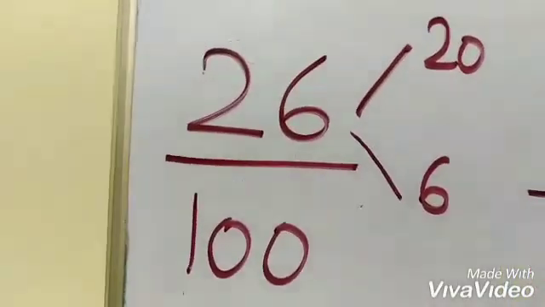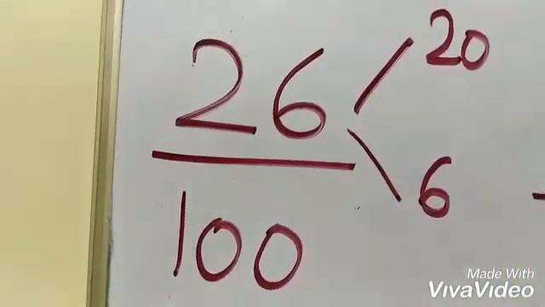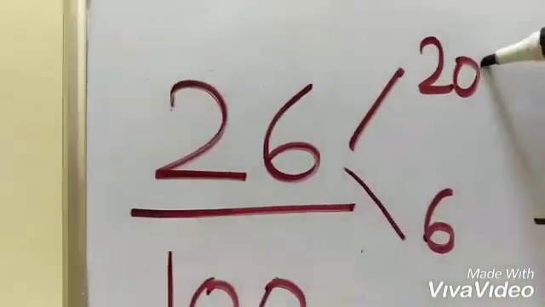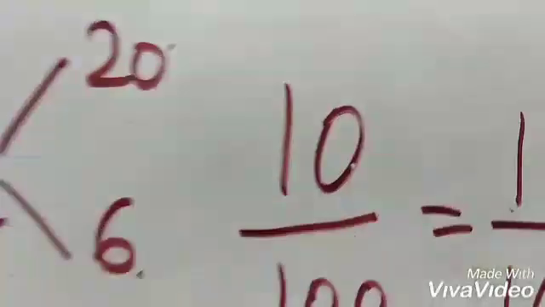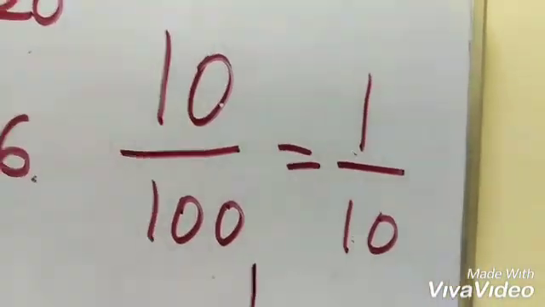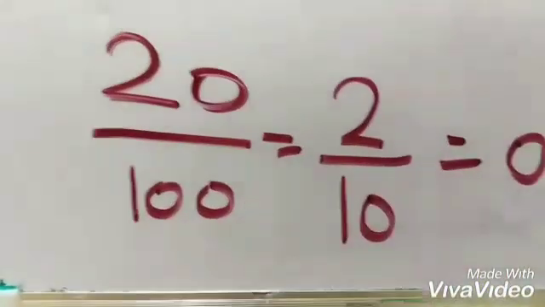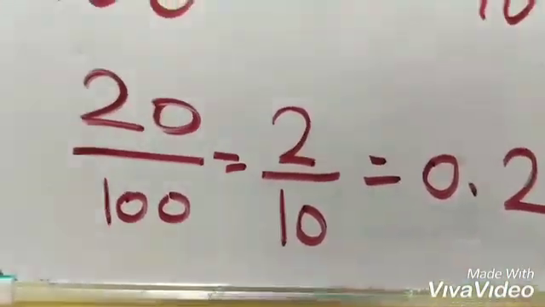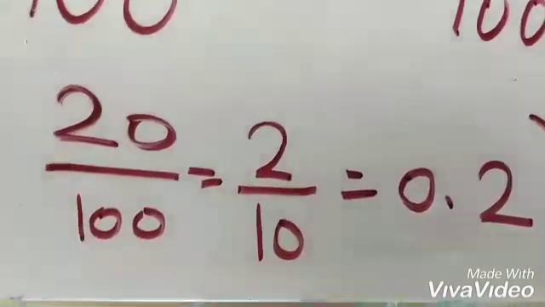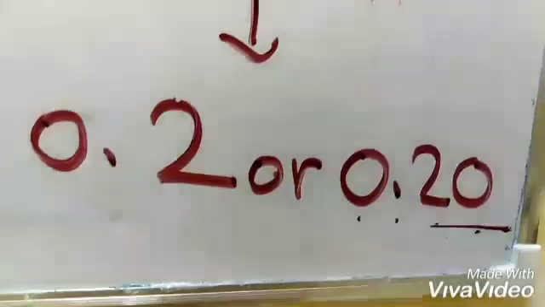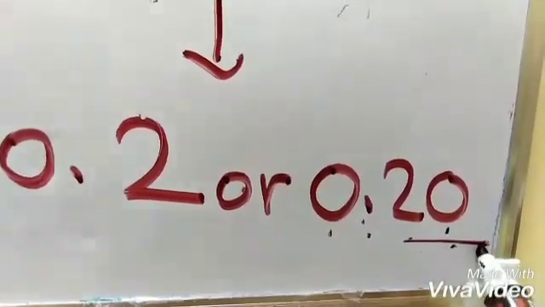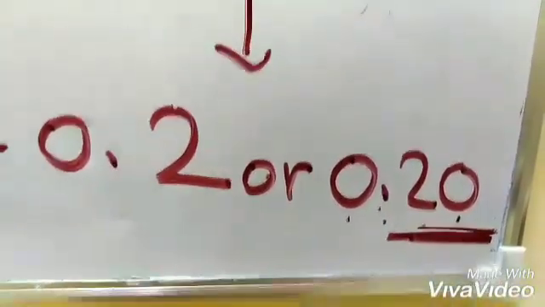So, to write 26/100ths using decimals, we can say that 26 is 20 and 6. Since 10/100ths equals 1/10, we can say that 20/100ths equals 2/10, and we can write it in decimals as 0.2. We can also write it as 0.20 to show the hundredths place.